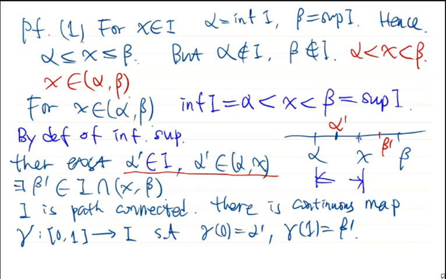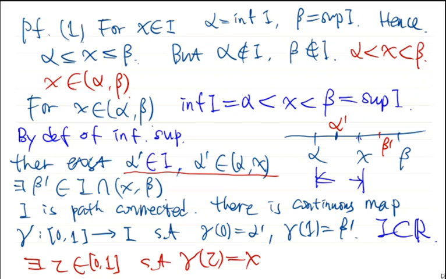So because gamma is a continuous map defined on the interval [0, 1] and takes real values, I is a subset of R. By the intermediate value property of single variable continuous functions, there exists a tau in the interval such that gamma tau is x.